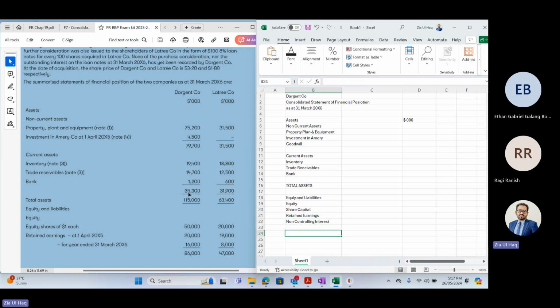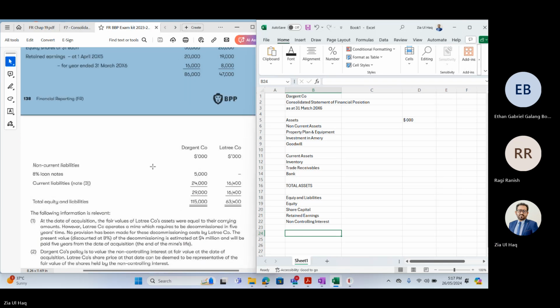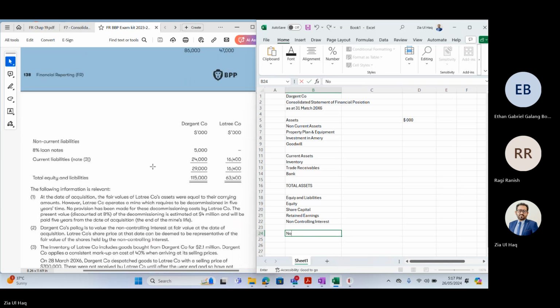Then we will move towards non-current liabilities. Under non-current liabilities, we are having 8% loan note.